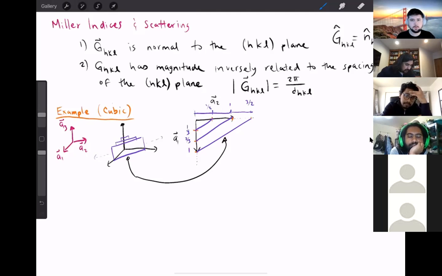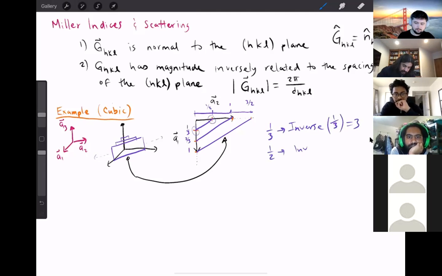Right here at 1/3. It's the second plane which goes to the integer number. Then you take the inverse, and you get 3. Then the other one is at 1/2, you take the inverse, and you get 2.